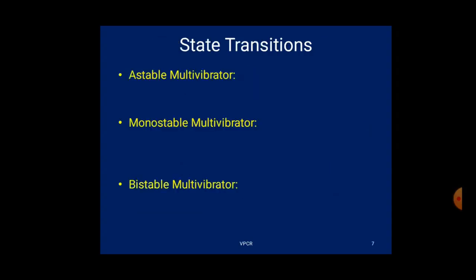So now, state transitions. Here we will be discussing a little bit of triggering, how many triggerings are required. So what is state transition? As I said, every circuit will have 1 state or 2 states or 3 or 4 states. A multivibrator has only 2 states, so you can call it a 2 state device.